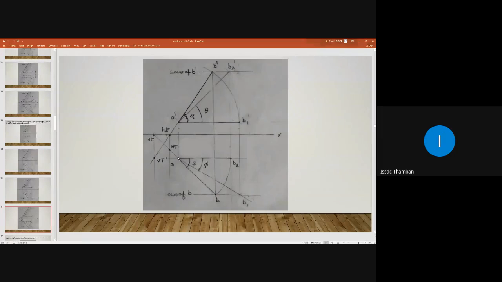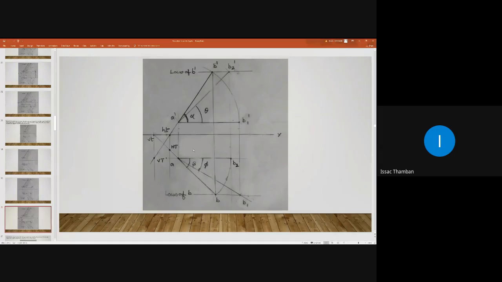Extend that line like this, and it will intersect this vertical projector line from point h, and that intersection is our horizontal trace. We mark this point and label it as capital HT. That is our horizontal trace.